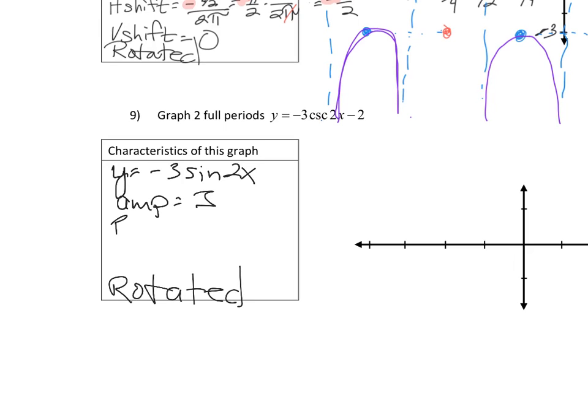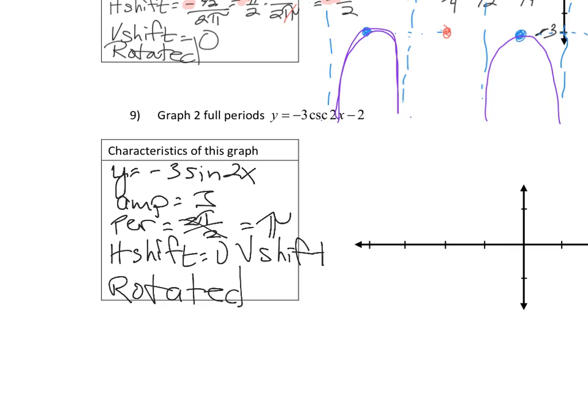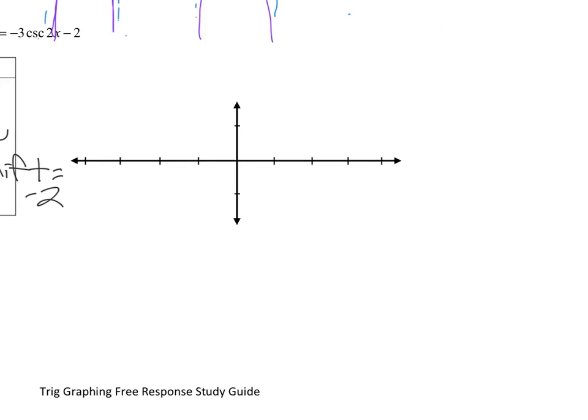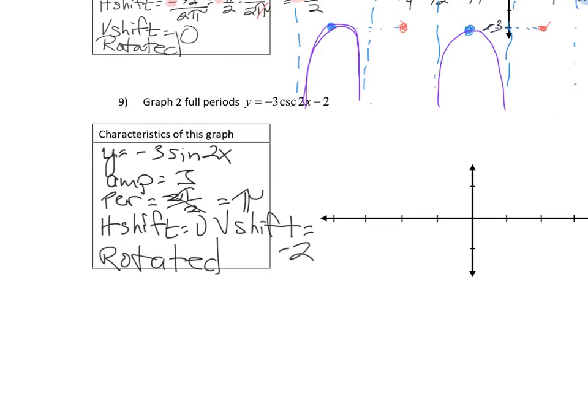I have a period of 2 pi over 2, so it's just pi. I have a horizontal shift of 0, and a vertical shift of negative 2. All right, period is pi.